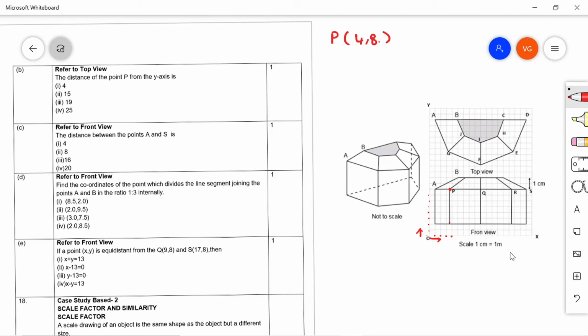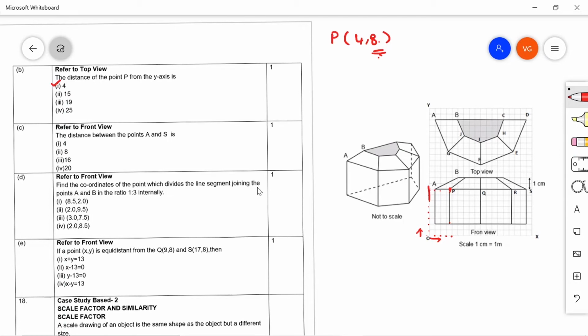Then they're asking you to find the distance of point P from y-axis. So this is your y-axis, this is point P. Now see 1, 2, 3, 4. So 4 units is your answer. 4 is the answer. Don't get confused as they are asking the distance from y-axis, don't write down the y coordinate here. The distance from y-axis means nothing but the x distance. So that is nothing but 4 units here.